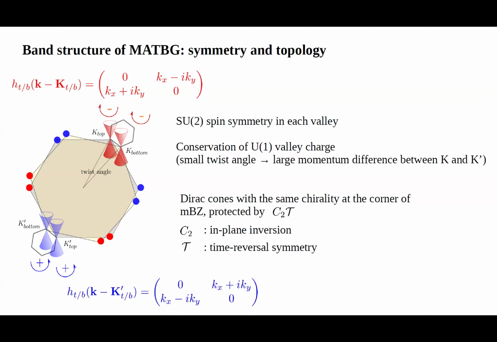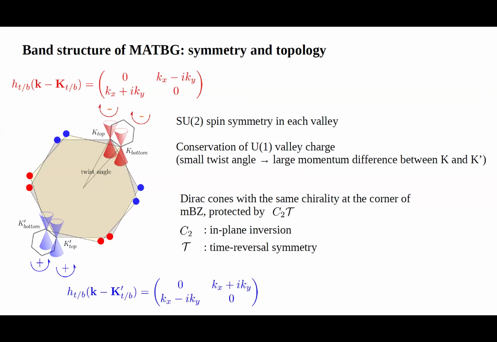So what does it mean to talk about chirality for these Dirac cones? I can see it in the way that I write down an effective Hamiltonian near the K point. I can also say that my Berry phase is winding in opposite directions for the red and for the blue. So if I'm going around the Dirac cone, the Berry phase is going to wind this way or that way, and this is what's represented with these little circles here.